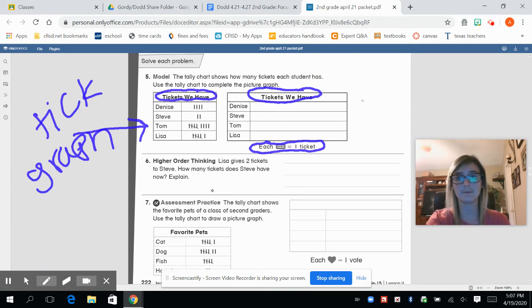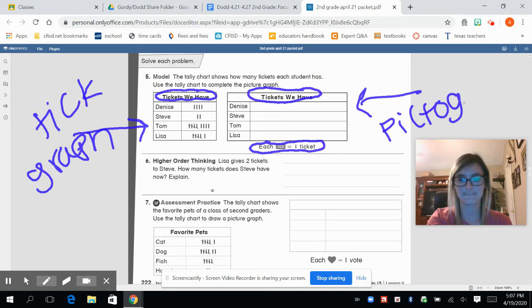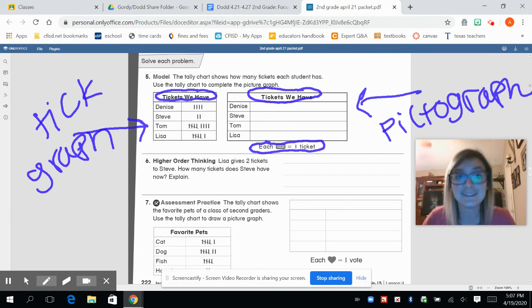And we are going to make a pictograph. So we are going to have to read how many tick lines there are under each person's name and then draw those tickets into our pictograph, okay?